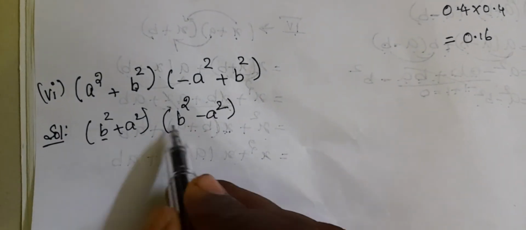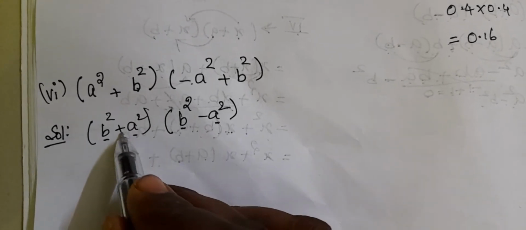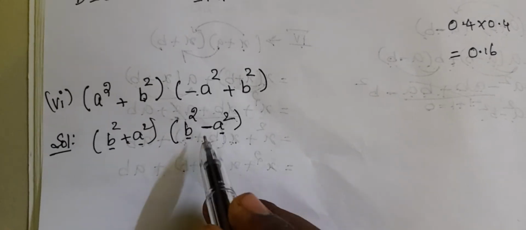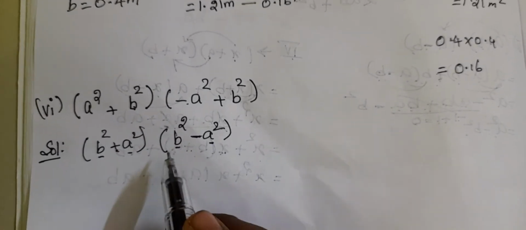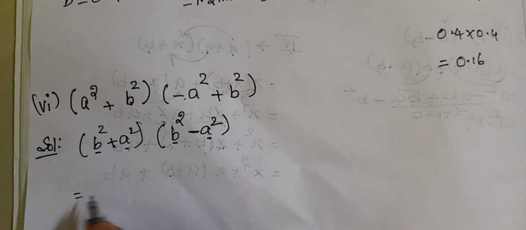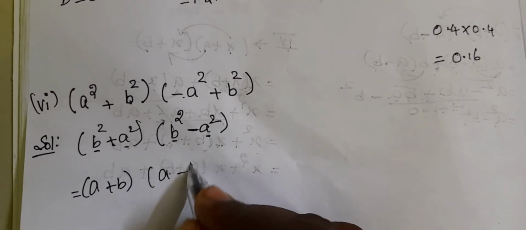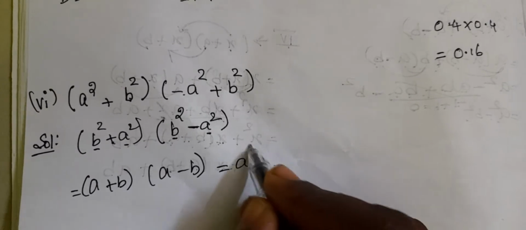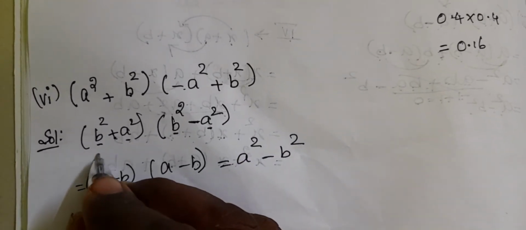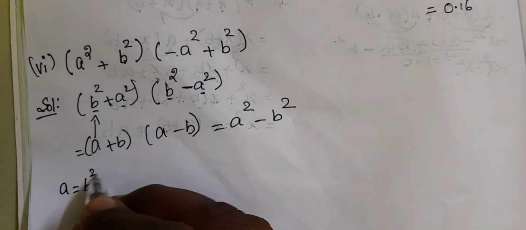Now see, b square, a square, a square. One bracket contains a plus symbol, the other one has a minus symbol. So if it is in this pattern, definitely we have to use the third identity, that is a plus b into a minus b is equal to a square minus b square. Now instead of a we have to substitute b square.